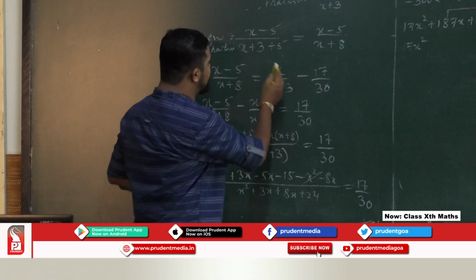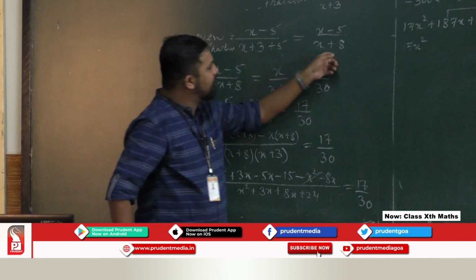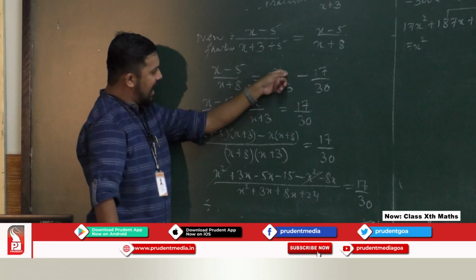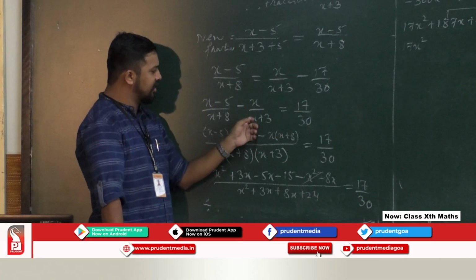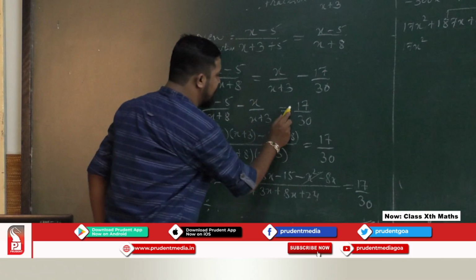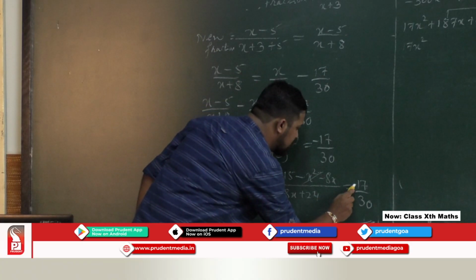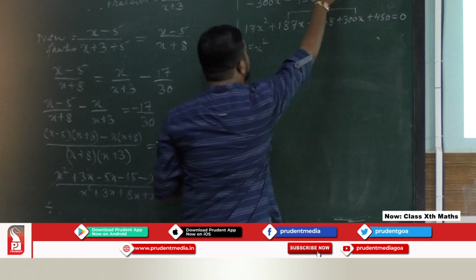Okay, so if you see the first here, what you got, the new fraction (x minus 5)/(x plus 8). So I will take this fraction. The new fraction is x upon x plus 3 minus 17 by 30. So take this one fraction other side, negative. So here minus 17 by 30. So I will take the minus sign common here.